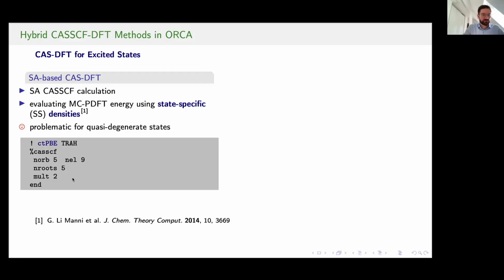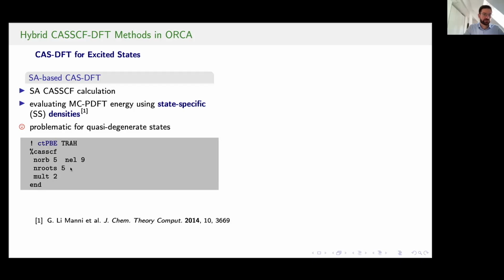The input for this calculation is very easy. You just have to specify the name of the functional, in this case complex translated PBE, and also the name of the solver, which is TRA. I have to mention that in ORCA 6.1, the CAS-DFT methods are only available with the second-order converger TRA.